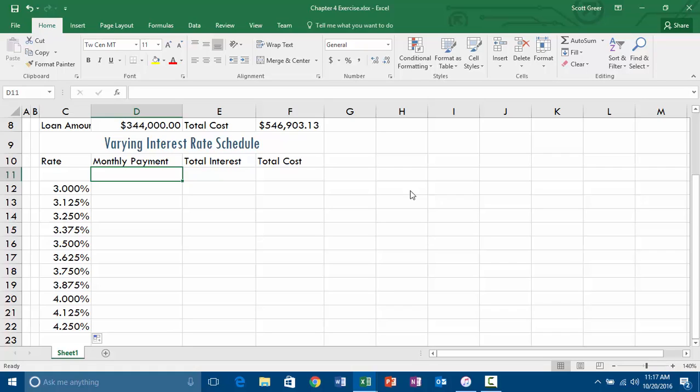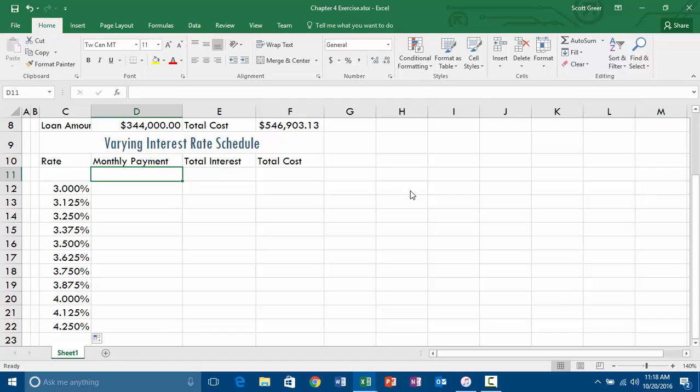Okay, so we go to D11, and then to deselect. Good. We deselected. Now we want to enter the formulas. Now this is what we're going to call a data table. The data table is going to give us a lot of information so we can look up different rates and things like that.